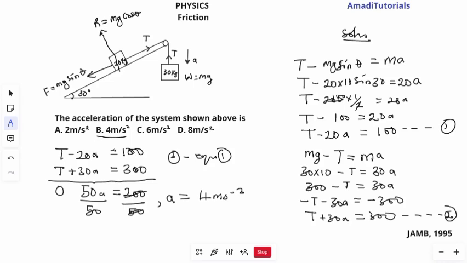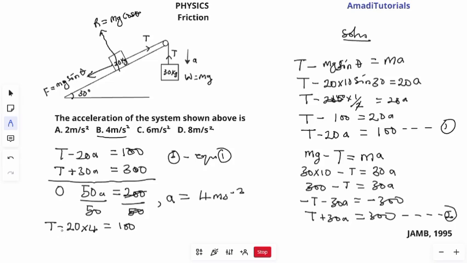However, if you are told to also find the tension in the string, the tension T, that means you take any of these equations and substitute the value of A to get T. I'll substitute in equation 1. So I have T minus 20A equals 100, and our A is 4. That will be 20 times 4, which is 80.